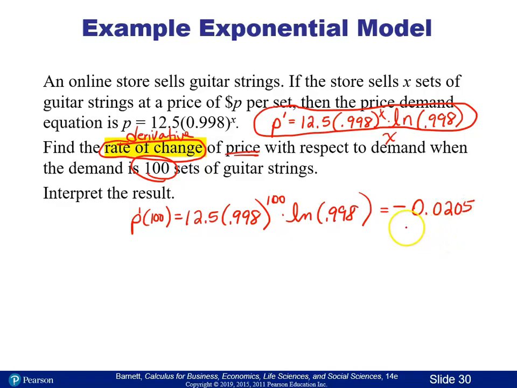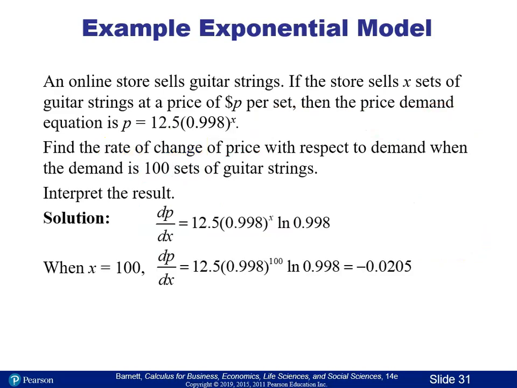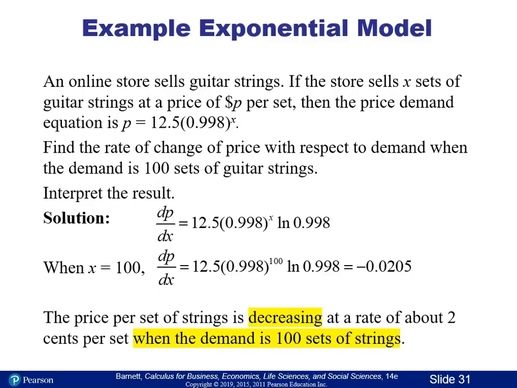And so that's going to give me negative 0.0205. So when we're looking at the rate of change of the price, because it's a negative, we're going to have a decrease. So it's going to be decreasing by about 2.05 cents. I said percent, I should have said cent.